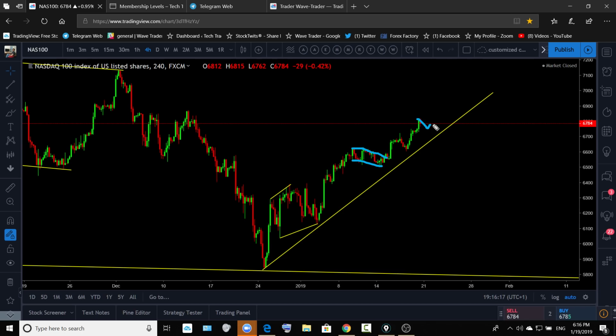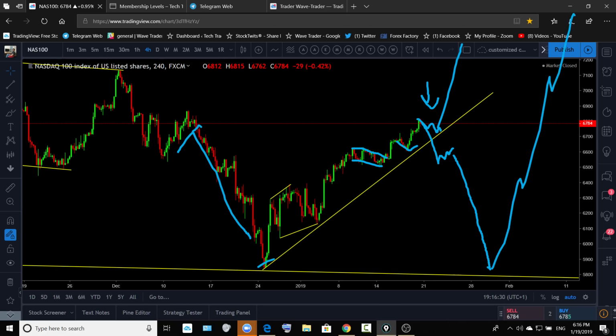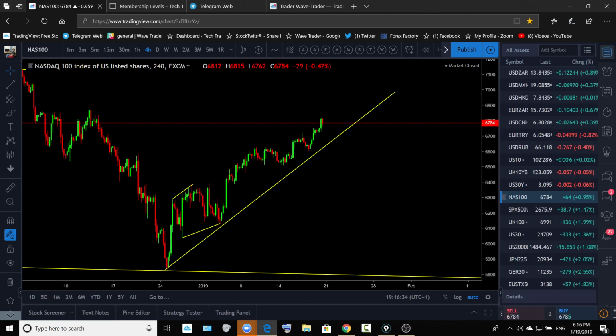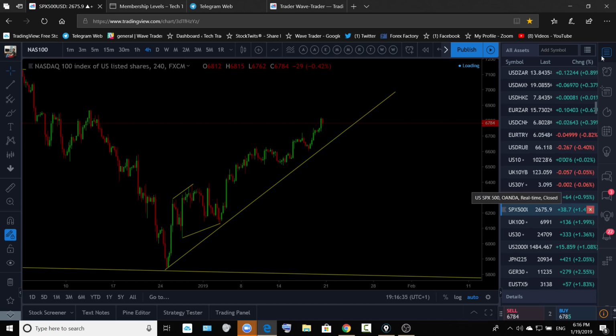Okay, so another correction like that, continue. If you don't see that correction breaking down and selling like that, then from the bottom, longer term buyers. So, very easy analysis on the equity market.